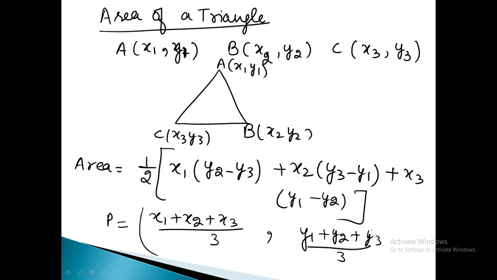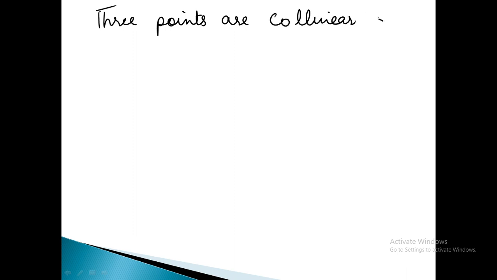You can find P's value by this method. You can say that 3 points are collinear if the area, the modulus, is equal to 0.